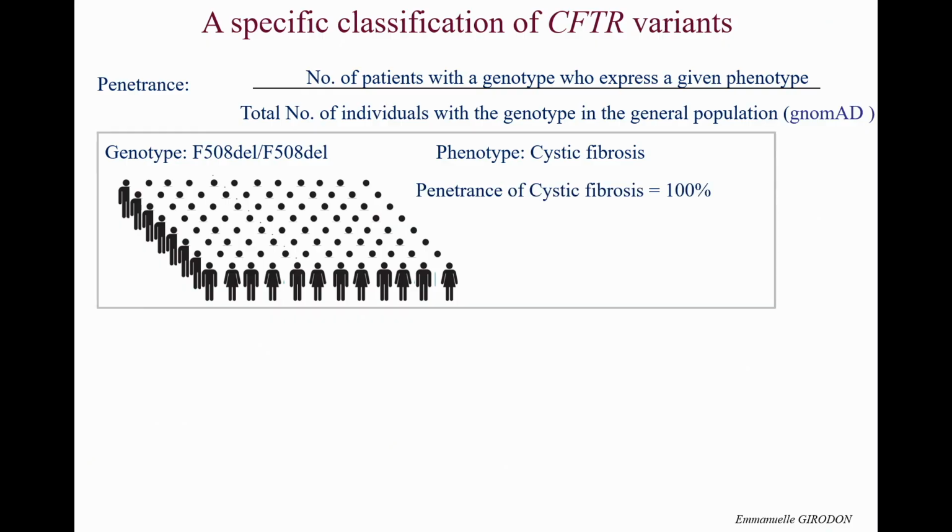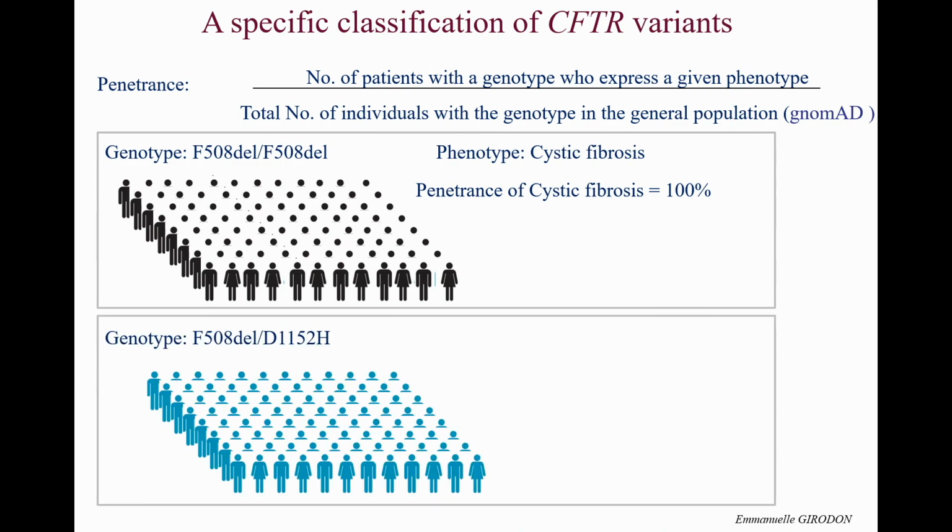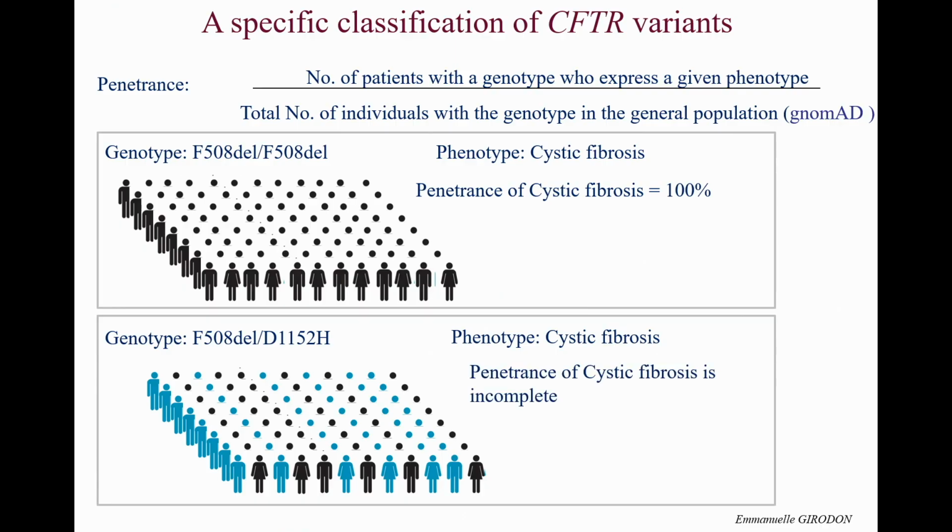So the penetrance for cystic fibrosis for the delta 508 homozygous genotype is 100%. But this is totally different when you consider the genotype associating delta 508 in trans of D1152H, because some patients are going to develop cystic fibrosis, around 20%, but others are going to develop CFTR-related disorder, and some are going to remain asymptomatic.